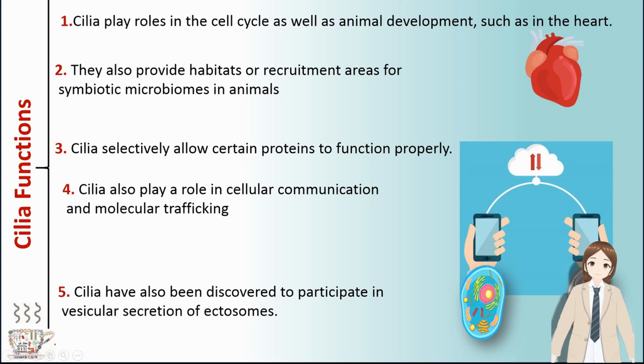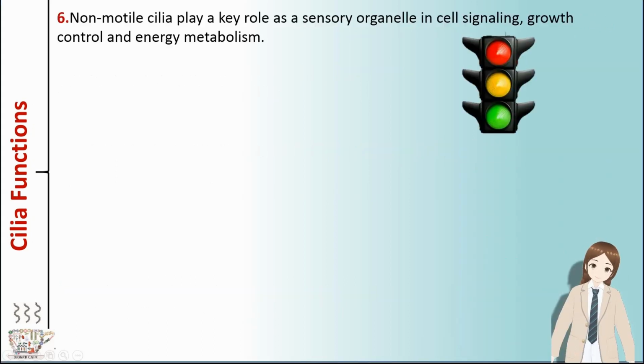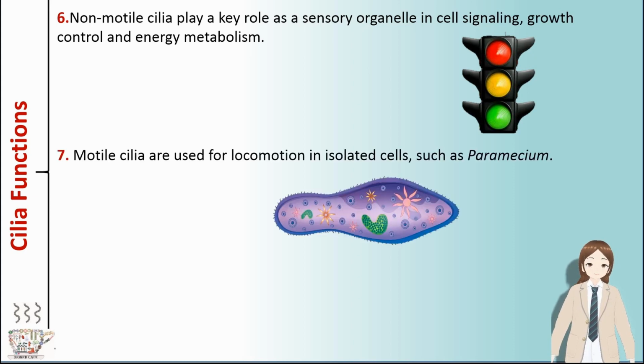And number 5. Cilia have also been discovered to participate in vascular secretion of ectosomes. Number 6. Non-motile cilia play a key role as a sensory organelle in cell signaling, growth control, and energy metabolism.